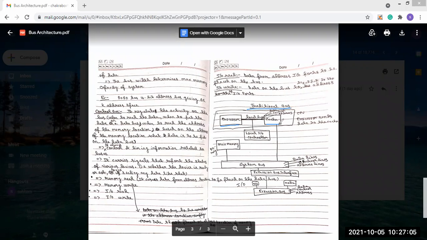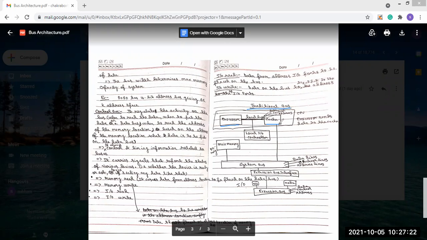Now what is the processor doing? The processor is connected with this cache, because if a processor is connected with the secondary memory or the main memory, then searching for a particular thing will take much more time.